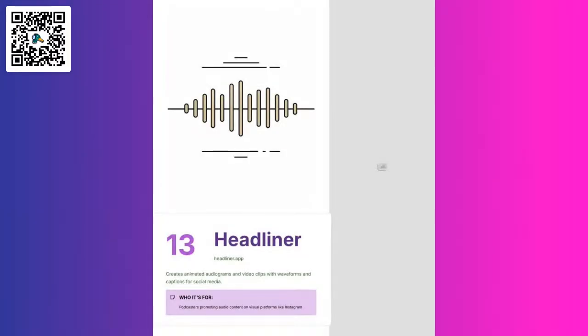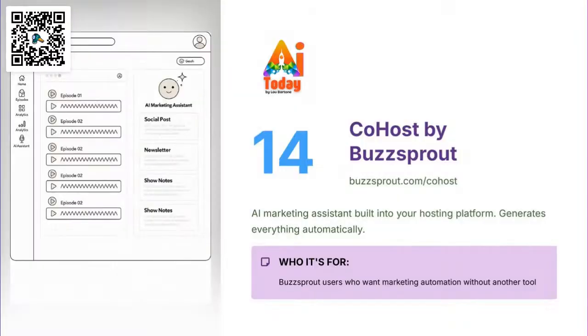Headliner is another one. I don't know what happened to this slide, but Headliner is another one that creates animated audiograms. So if you don't want to be on camera, you can create audiograms with Headliner. It'll also give you video clips with waveforms and captions for social media. So another very helpful tool. That one's at headliner.app.